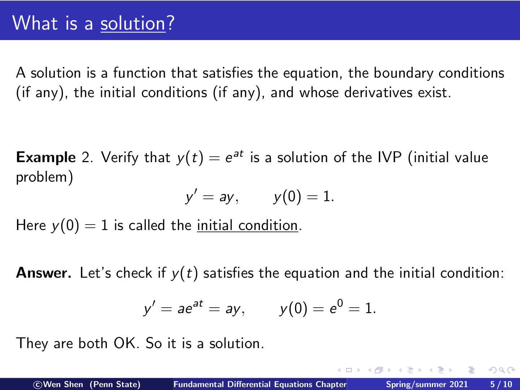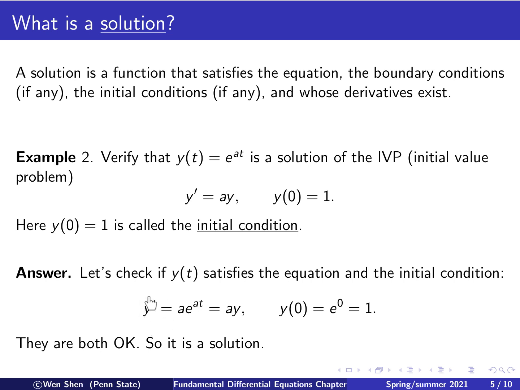Okay, so to solve this problem, we need to check if it satisfies the equation and the initial condition. Let's go through that. So the equation says y prime is a times y, and y is e to the at. So plug that in, e to the at.